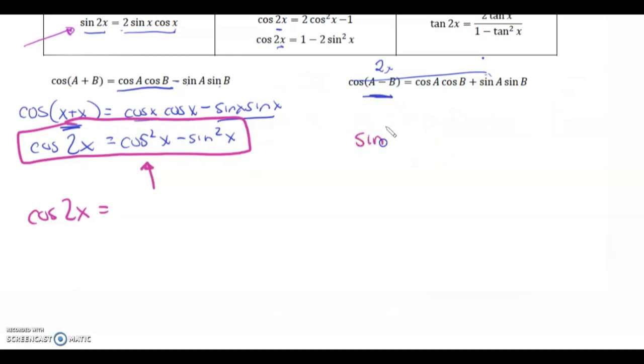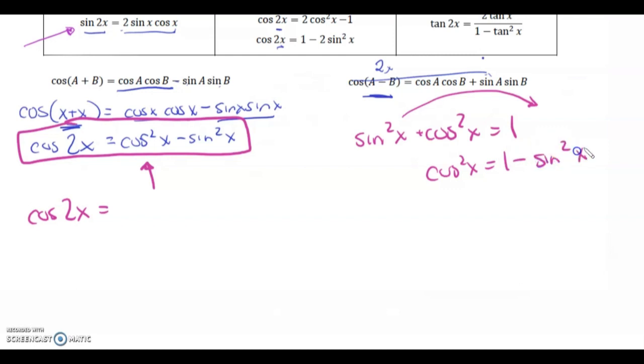If you remember, sine squared x plus cos squared x equals 1. There are two spin-offs of this. If we bring over the sine squared x, we get cos squared x equals 1 minus sine squared x. The other spin-off is if we bring over the cos squared x, we get sine squared x equals 1 minus cos squared x.